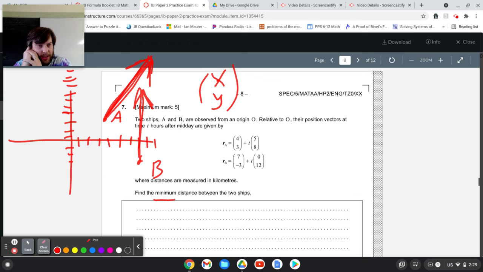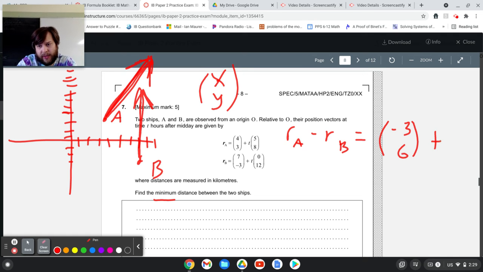And so if you want to find the distance between two things, you can subtract them from each other. If we wanted to do RA minus RB, we can subtract their initial points and we can subtract their direction vectors. So if we subtract their initial points, I've got 4 minus 7 for the x values, 3 minus negative 3.